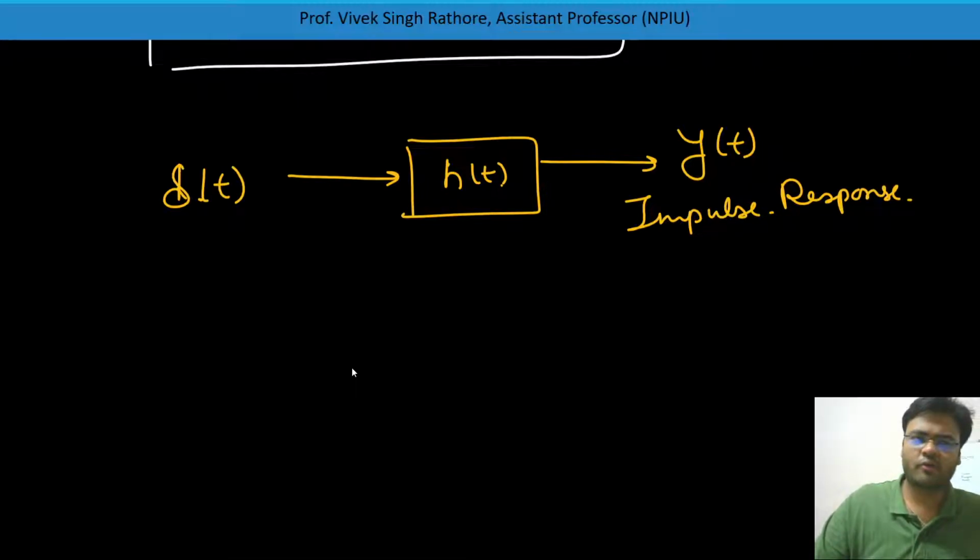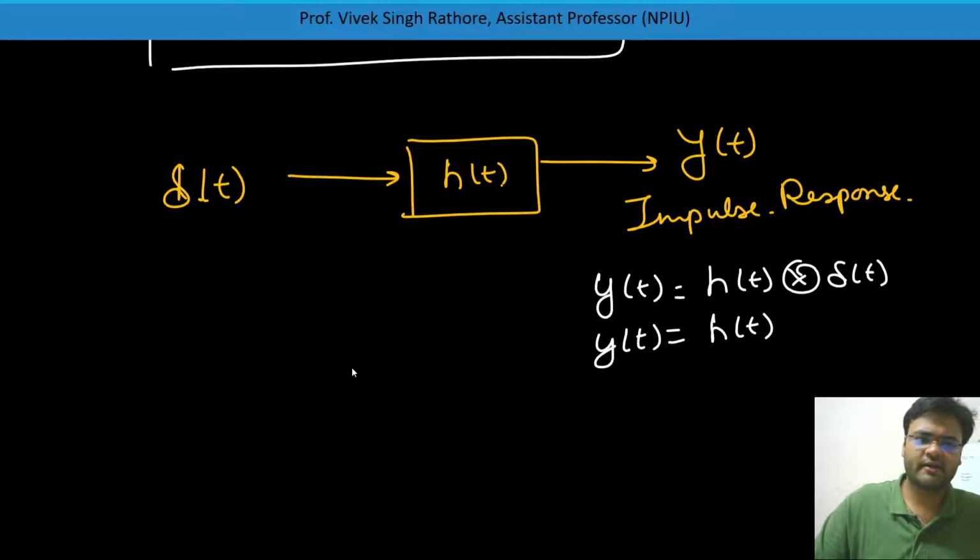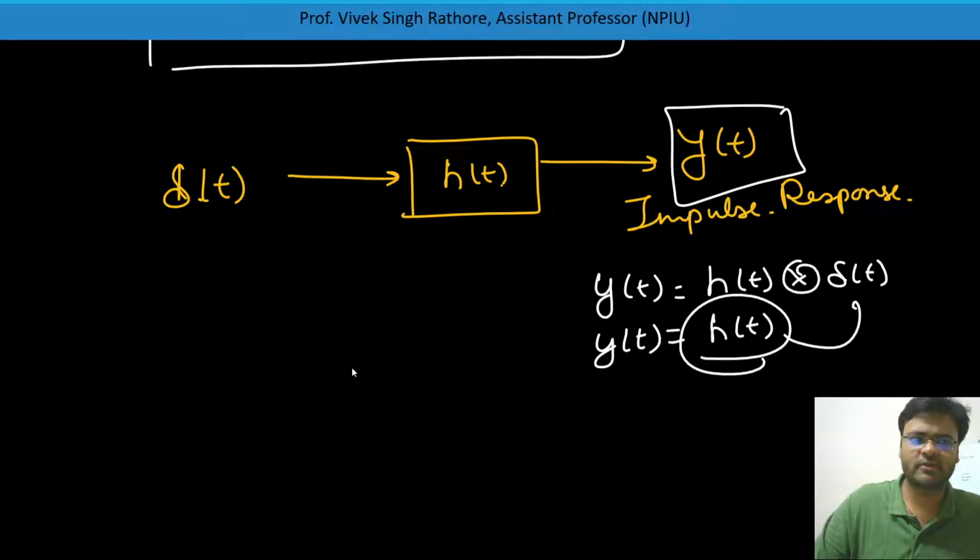Whenever you convolve h of t with delta t, you say it is an identity signal, so y of t will be h of t. Actually y of t should be called the impulse response when delta t was input, but when input is delta t we get y of t equal to h of t. That is why h of t is also called the impulse response.